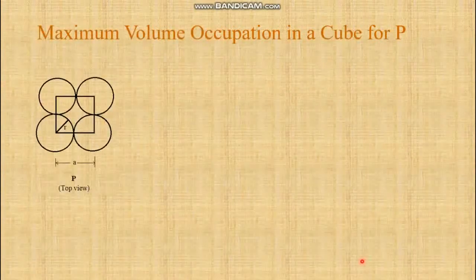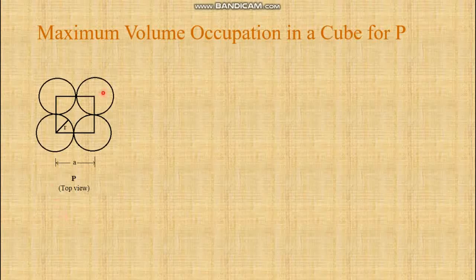So let's start with the primitive cube or the simple cubic system. So this is the partial view of a closely packed cubic system or a CCP. Partial view means it's a two-dimensional view. Okay.